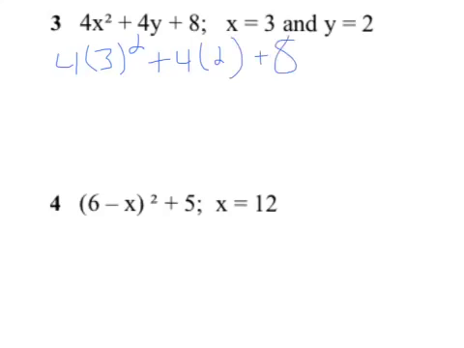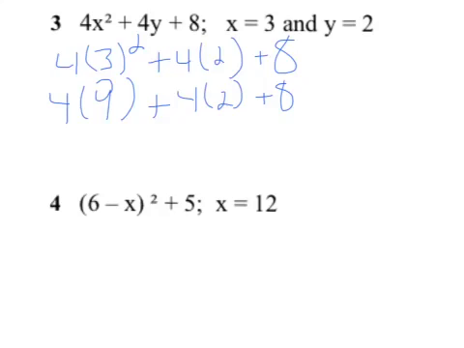Okay, we'll follow the order of operations. I do have parentheses, but it's just a single number inside of each. So we move on to exponents. And I see 3 squared here, so we will work that first. So it's 4 times 3 squared, which is 9, plus 4 times 2, plus 8.